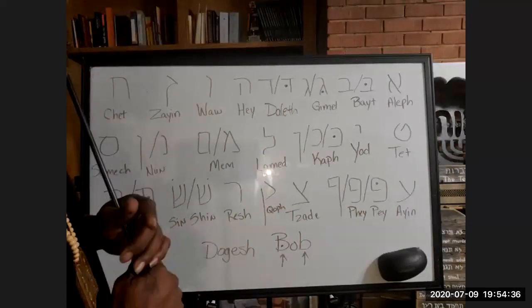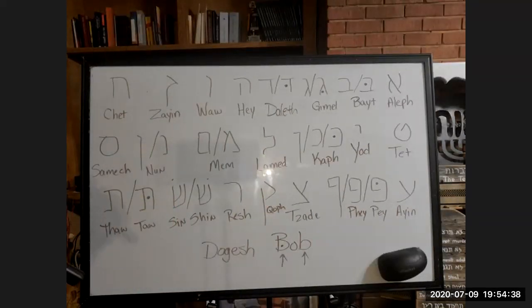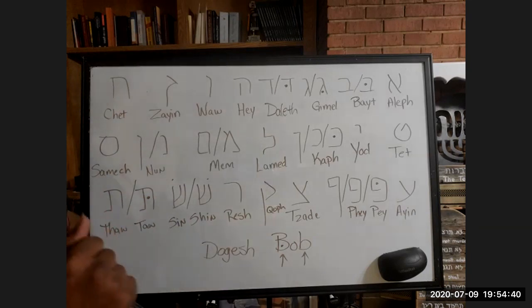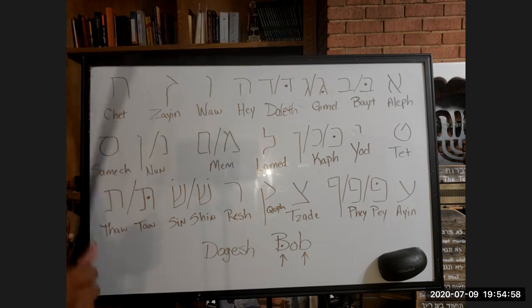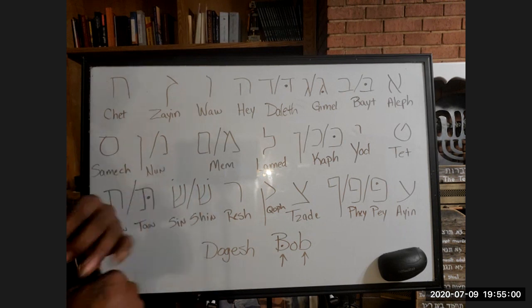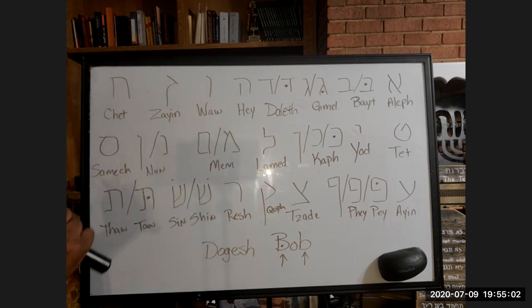There are no actual vowel letters, but we have vowel markings, the nikudot. And FYI, the vowel markings are only in most biblical texts. If you go to the land of Israel, you will not see nikudot on any street signs or anything like that. The nikudot are pretty much like training wheels.